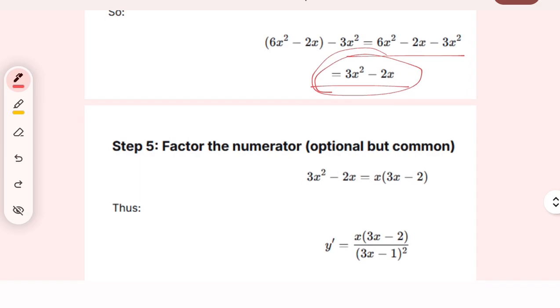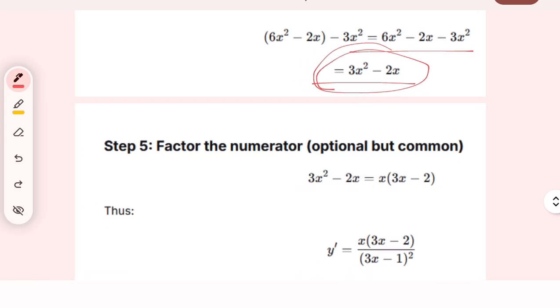Now we factor the numerator. This is optional, but it is common to factor the numerator. We have 3x squared minus 2x, the numerator that we derived above.